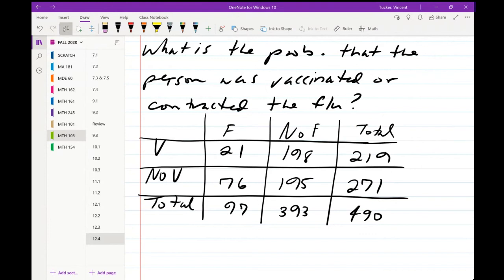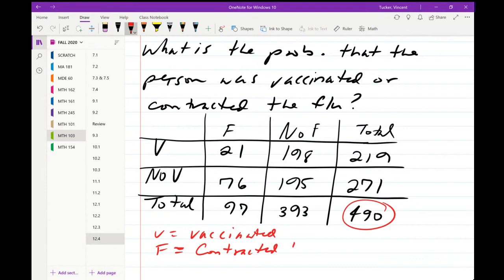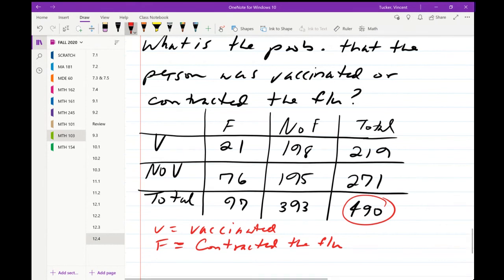All right. So, what is the probability that the person was vaccinated or contracted the flu? So, first of all, we recognize that our sample space right here is 490. That's the total of all the people. I didn't mention this: V, those who were vaccinated. F, contracted the flu. All right.